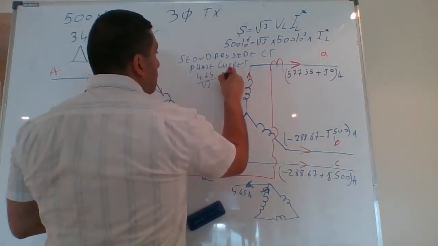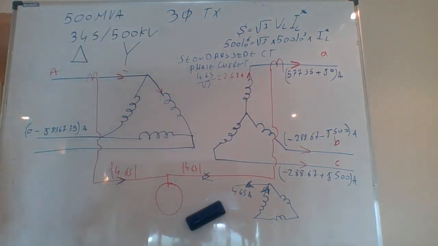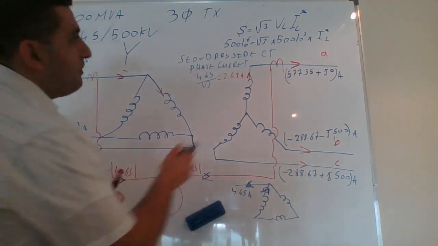It's equal to 2.68 amps. So I need to design a CT that will give me 2.68 amps. Remember, this is my magnitude.